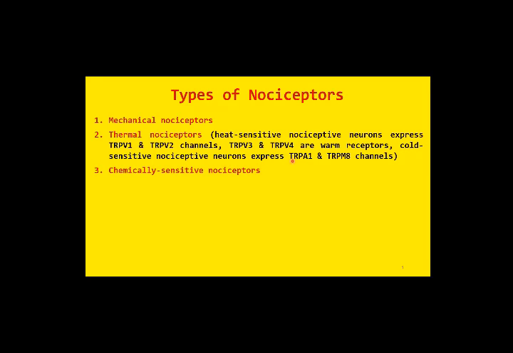The next type of nociceptor is related to chemical stimuli, and these are known as chemical nociceptors or chemically sensitive nociceptors. So these are the three major types of nociceptors: mechanical, thermal, and chemical. And this classification is on the basis of the type of stimulus detected by the receptor.